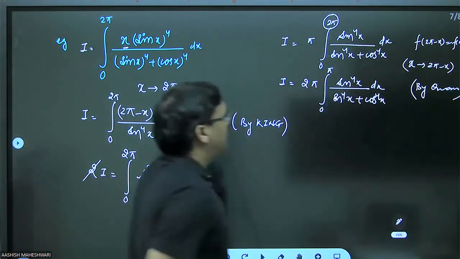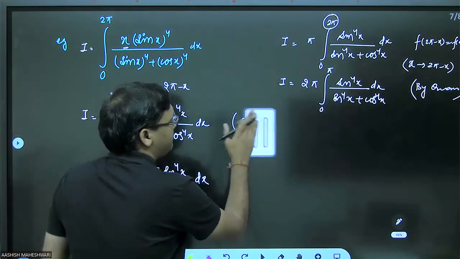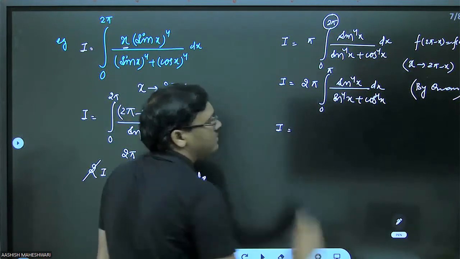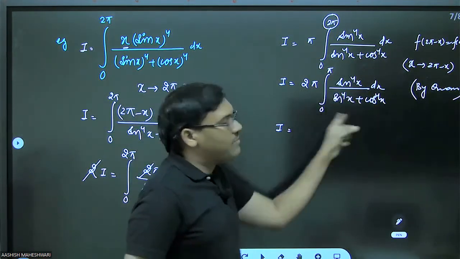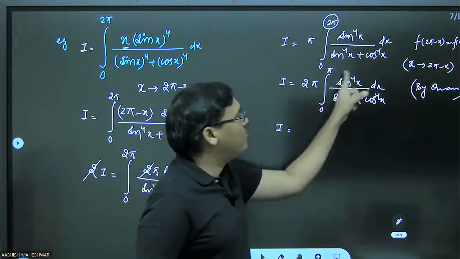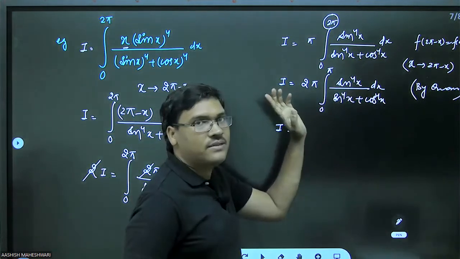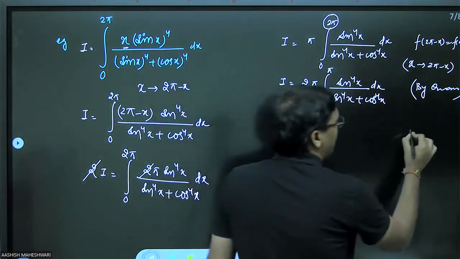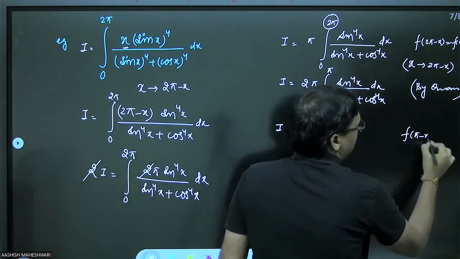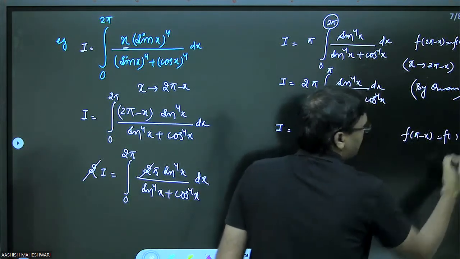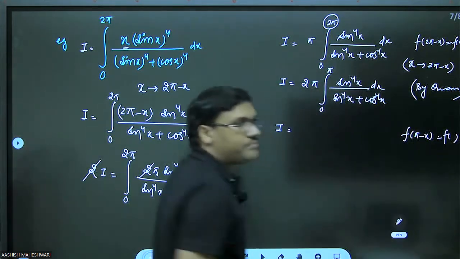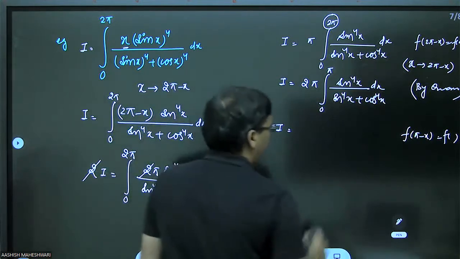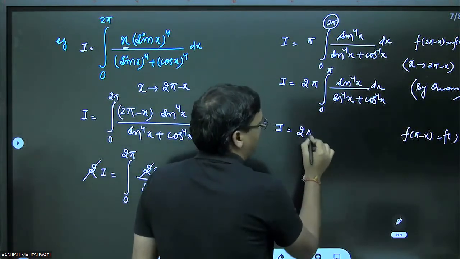Now again you can see here, if I apply x goes to pi minus x in this, we again will get the same function. So here you can see f of pi minus x is same as f of x only, right? So you can see this is 2 pi.